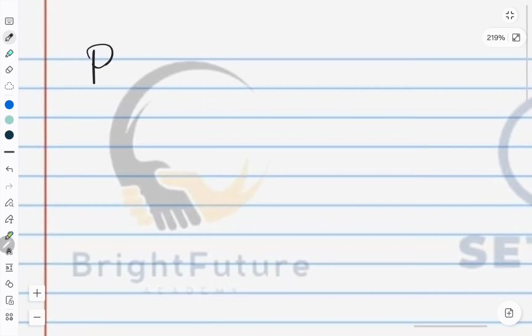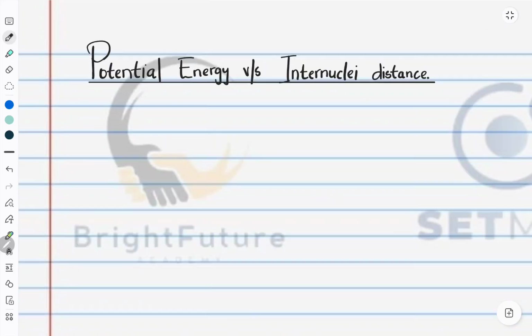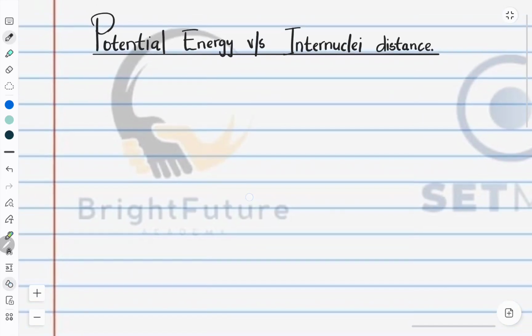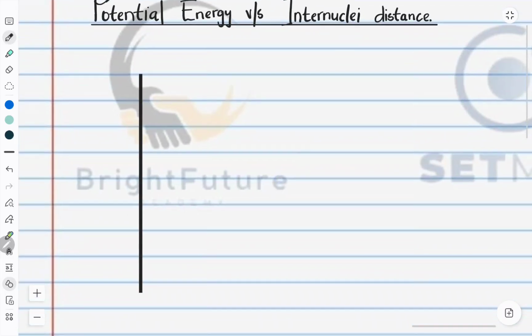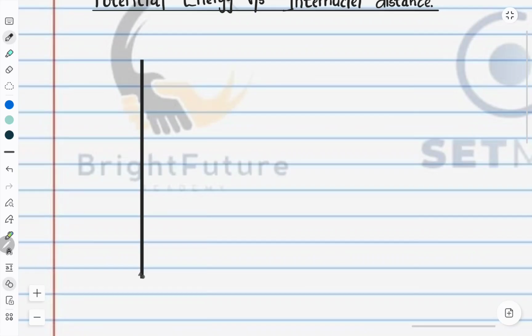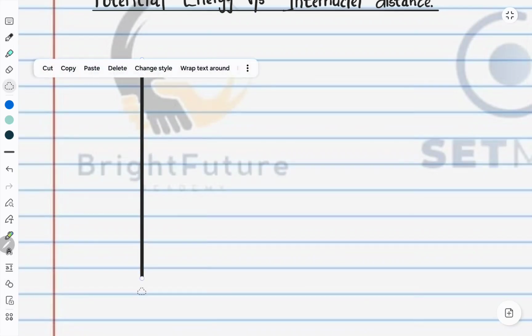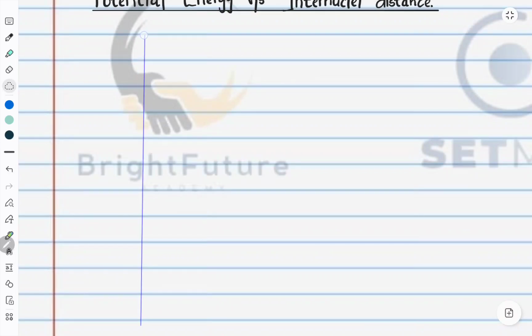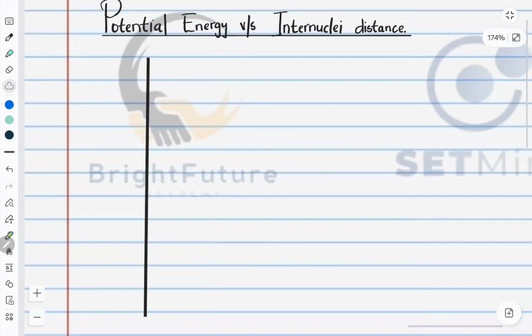All right, so let us sketch how the curve usually looks. On the y-axis, this is where you would find the potential energy, and on the x-axis is where you would find the internuclear distance.